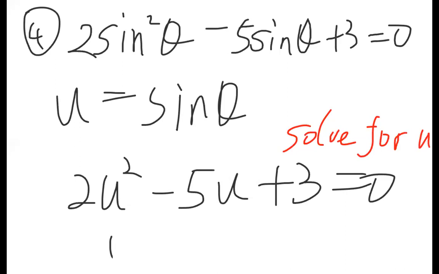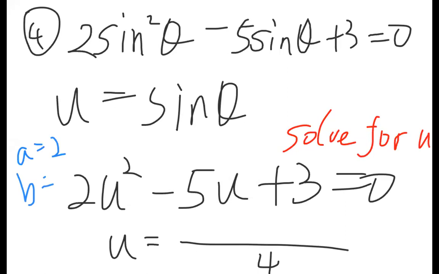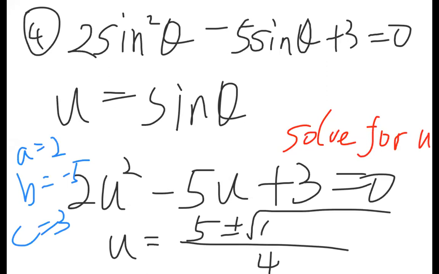Using the quadratic formula, so this is 2a, which is 4, a is 2, b is minus 5, and c is 3. Right, 2a, minus b which is 5, plus or minus square root of b squared minus 4ac.